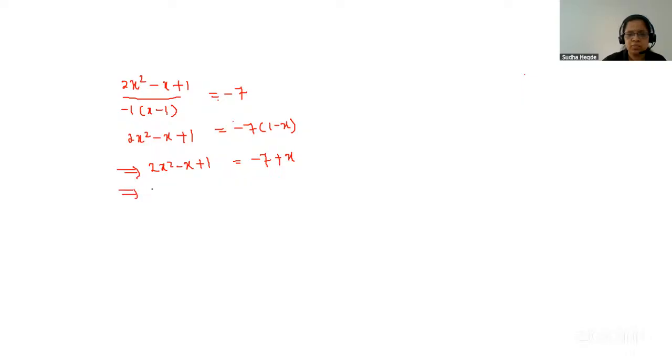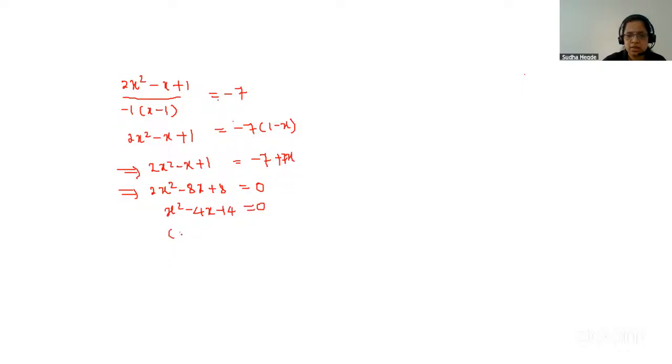This implies 2x square minus 7, this is plus 7x, correct? Because 7 you have to multiply. So this is equal to, move that one to this side, 8x plus 8 is equal to 0, or x square minus 4x plus 4 is equal to 0.